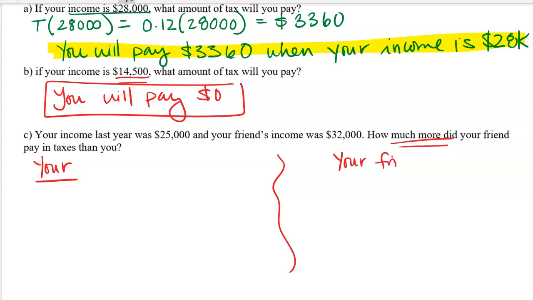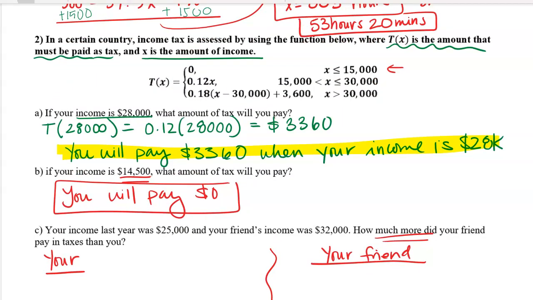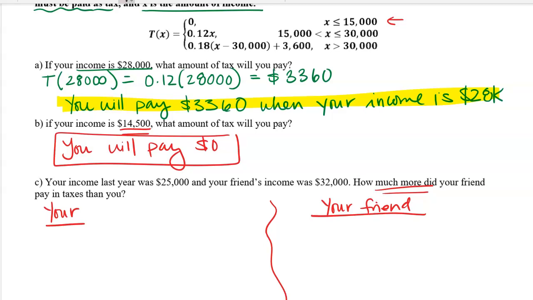Okay. So you make $25,000. So Kyle, if you make $25,000, piece 1, 2, or 3? 2. Yep, let's plug it in. So your income is 25. So your tax is going to be tax amount of $25,000 equals 0.12 times $25,000.